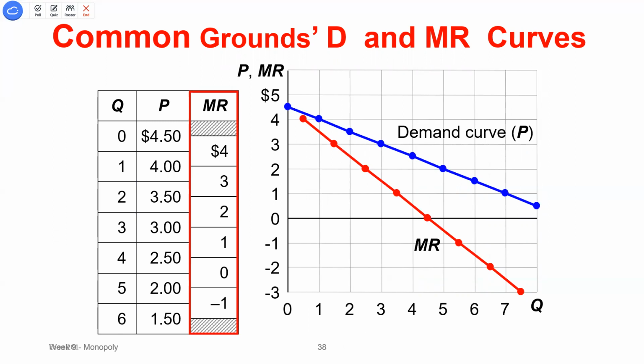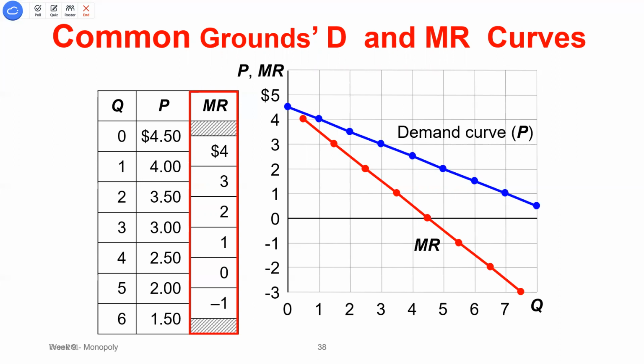Let's say I had 2 points on this demand curve: at a quantity of 1, the price was $4, and at a quantity of 2, we had $3.50.